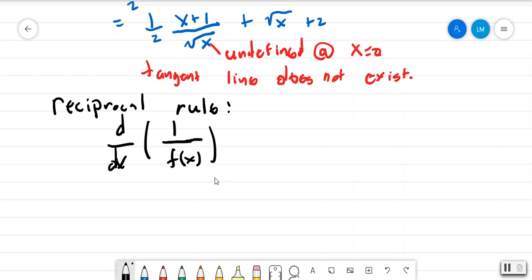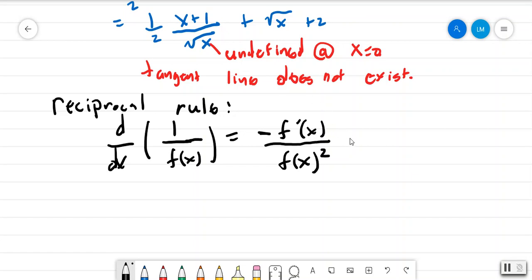Now, of course, f of x must not be equal to 0. But here's what we get. This is going to be equal to negative f prime of x all divided by f of x, but it's going to be squared. So we have negative f prime divided by f squared.